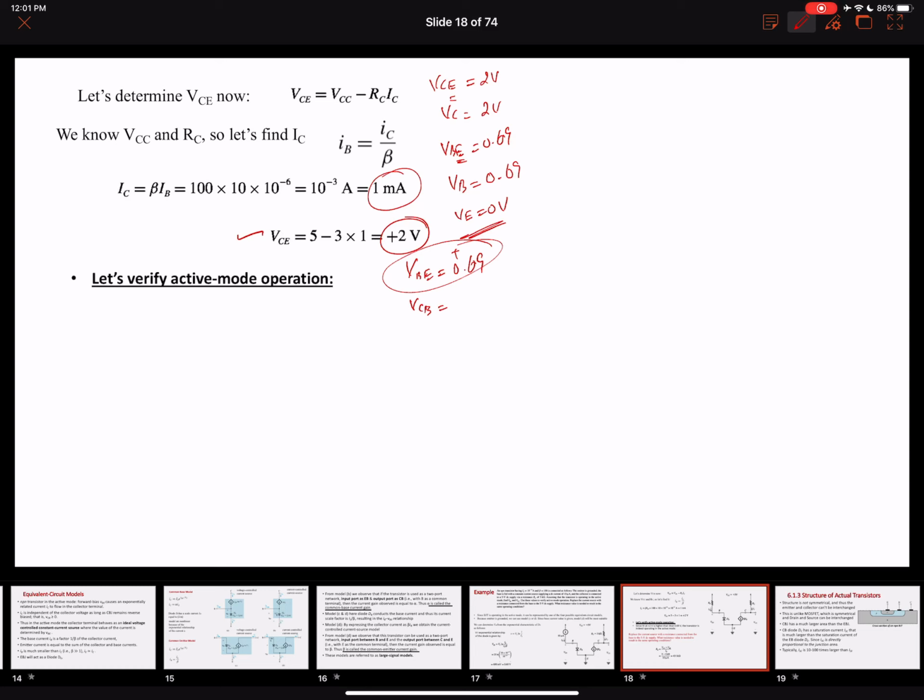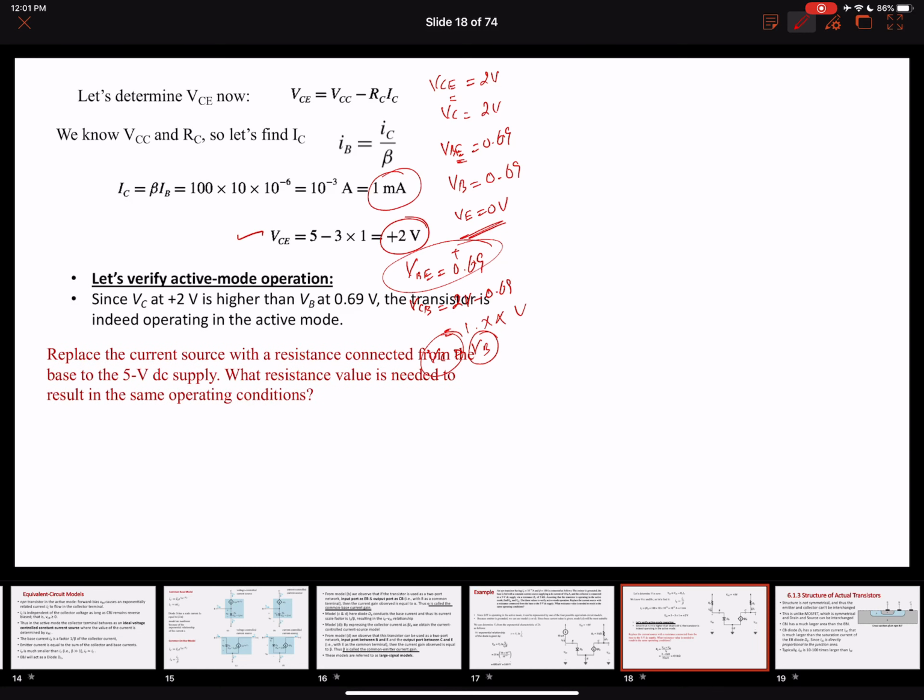So VC is 2 volts minus 0.69 volts, which comes out to be 1 point something volts. Since our collector voltage is much larger than the base voltage, or our collector terminal is at a higher potential than the base terminal in an NPN transistor, this means that our collector to base junction is also reverse biased. So this verified our active mode of operation.